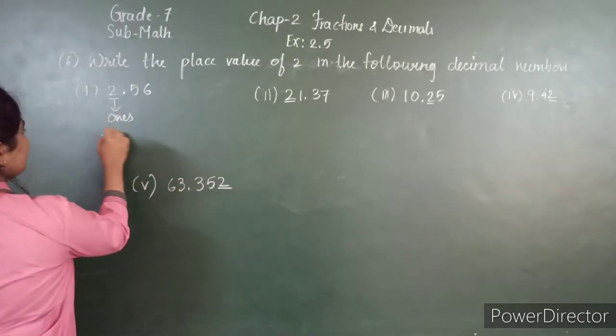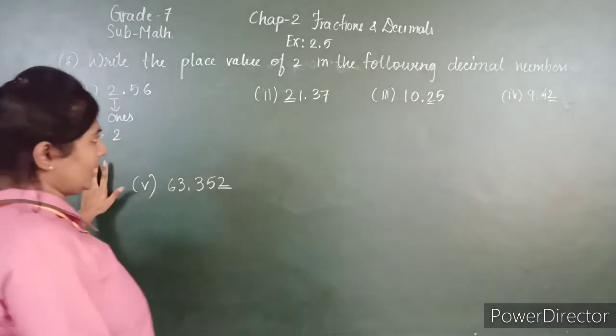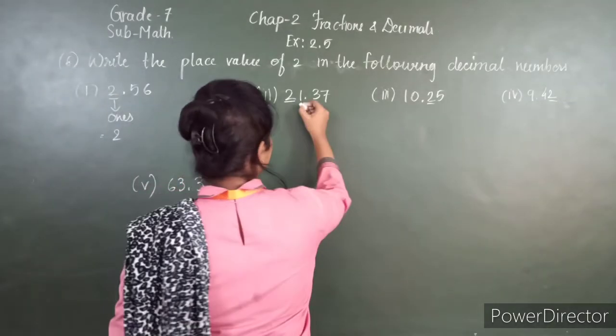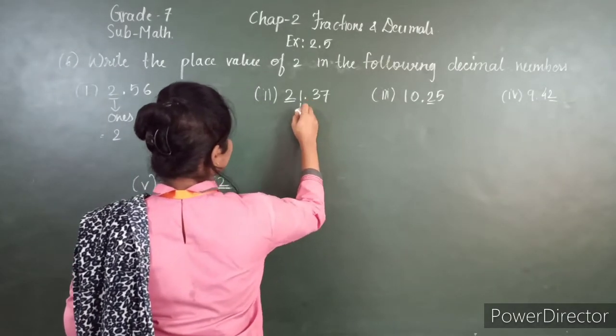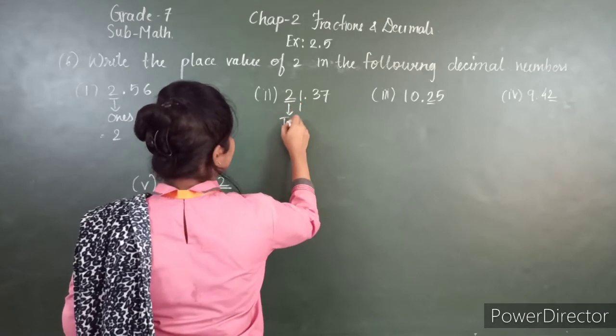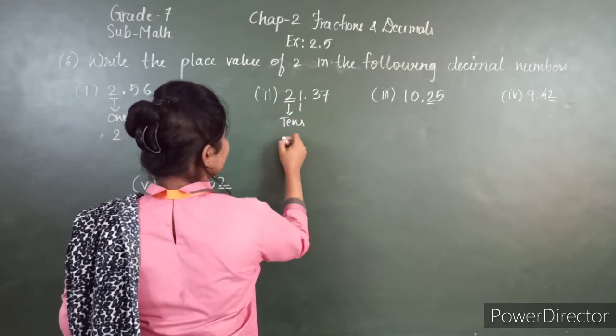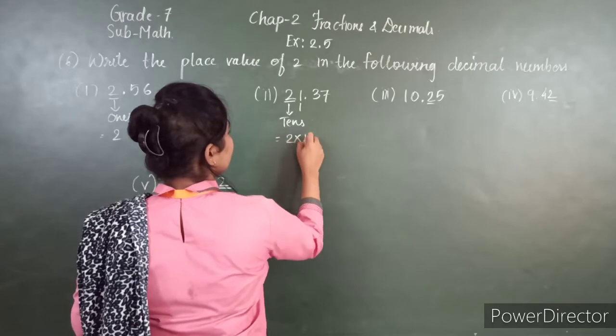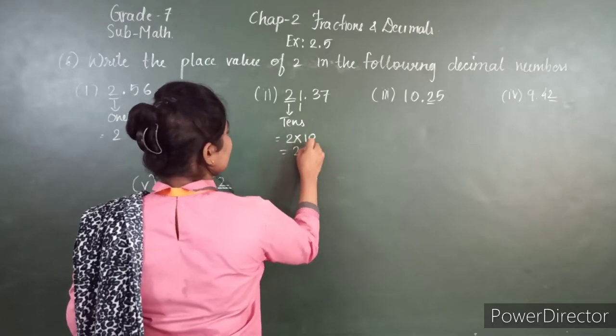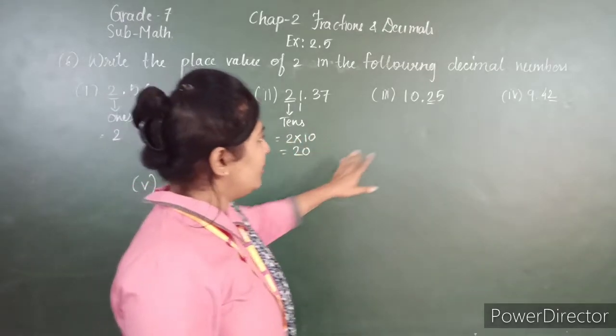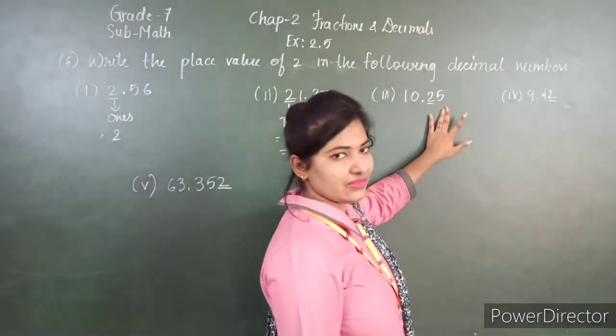So it is 2 only. Then here this place is considered as ones and this place is considered as tens. So it is 2 into 10. So it is 20.